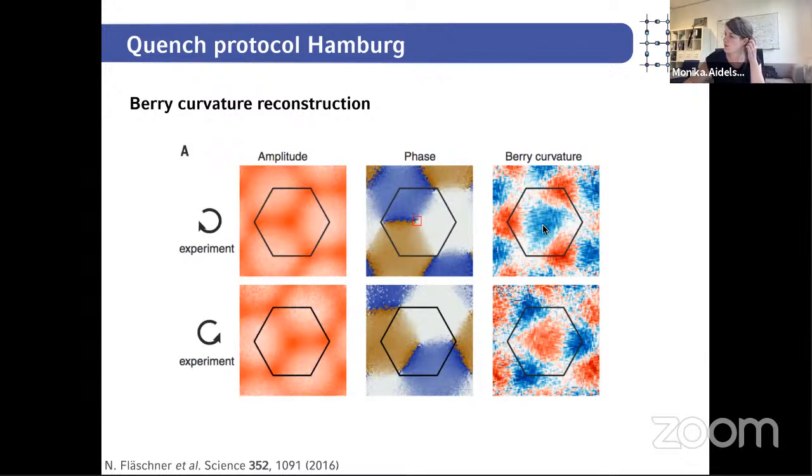So here the blue area is negative Berry curvature, and the red area are regions of positive Berry curvature. And then by summing up all these Berry curvature values within the first Brillouin zone, they can extract the Chern number of the band, which in this case is equal to 0, but the technique also works for non-zero Chern numbers if the modulation parameters are chosen differently.